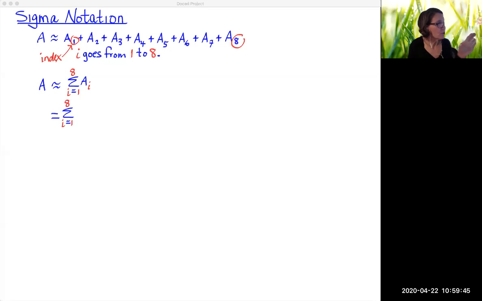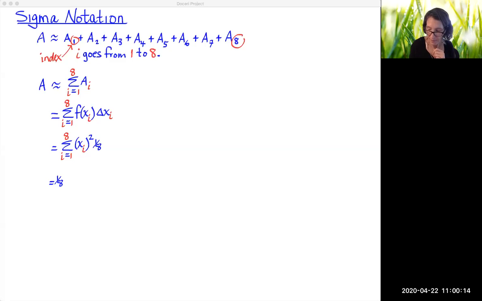And to expand it, so I'm sorry, let me back up. In the last examples, what we were doing is adding up areas. So we were adding up a function value, f of x sub i, times delta x sub i. And so we were using the number 1/8, and we were squaring the number x sub i.